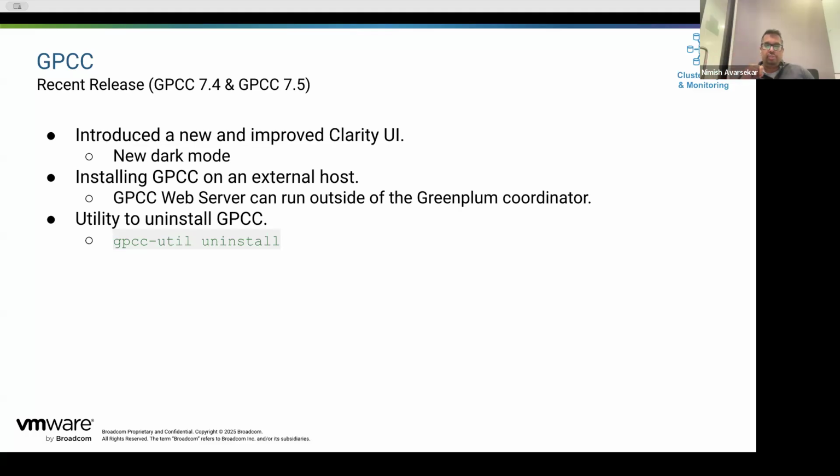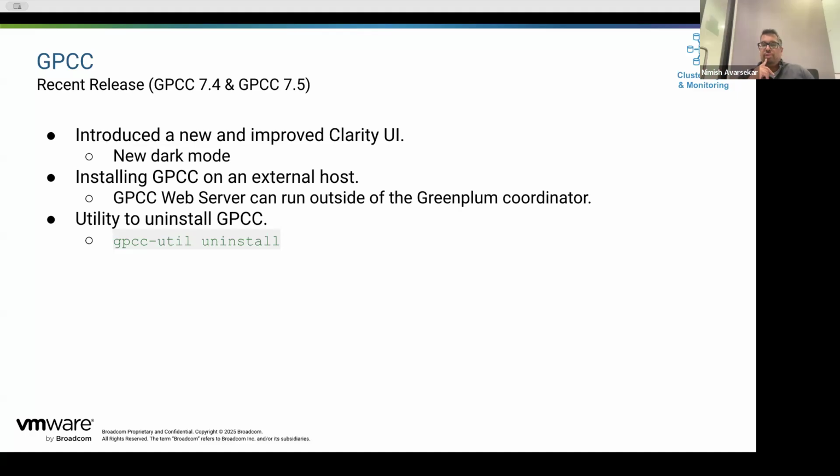You get a dark mode, so in case you are in an office setting which is a little bit on the darker side, you can now switch GPCC to a dark mode starting 7.4, right? That is currently available in the latest release as well.